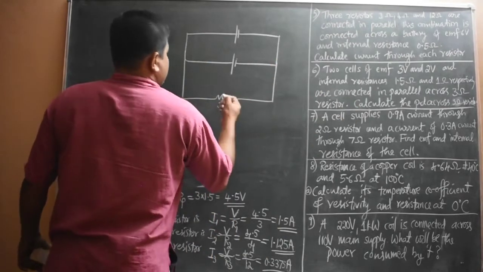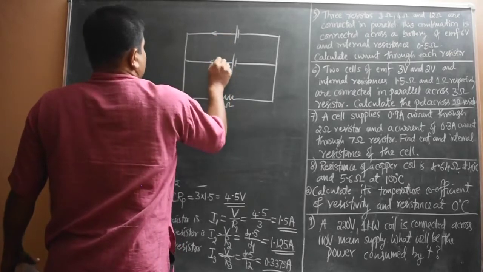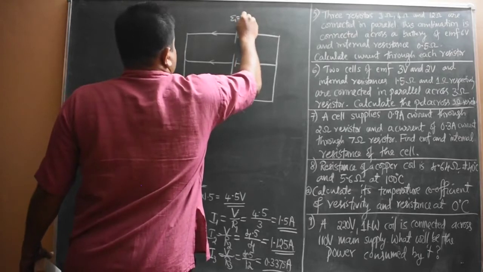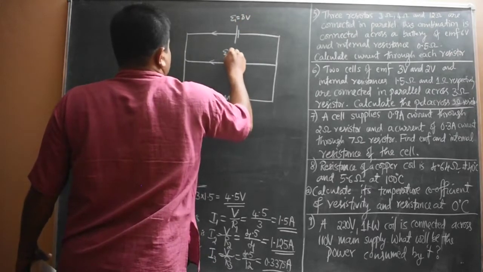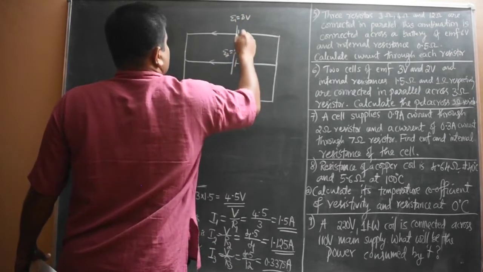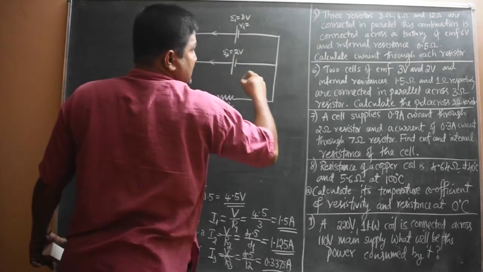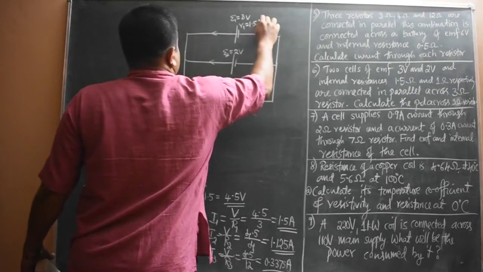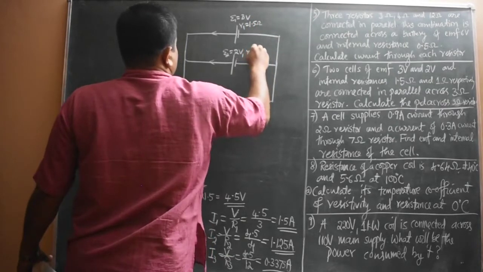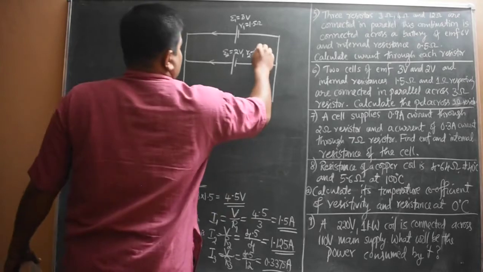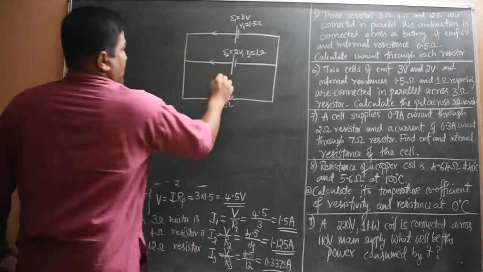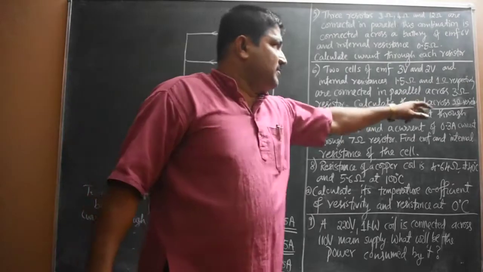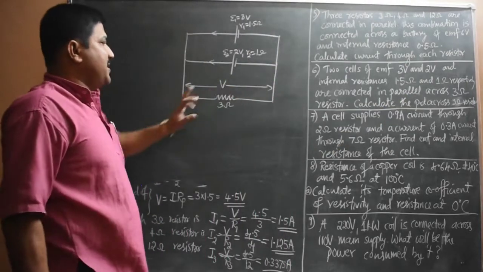There will be current drawn, and EMF of the first cell is 3 volt, EMF of the second cell is 2 volt. Internal resistance of the first cell is 1.5 ohm, and internal resistance of the second cell, r2, is 1 ohm. And we have to get the potential difference across the 3 ohm resistor, that is this external resistor PD we have to get.